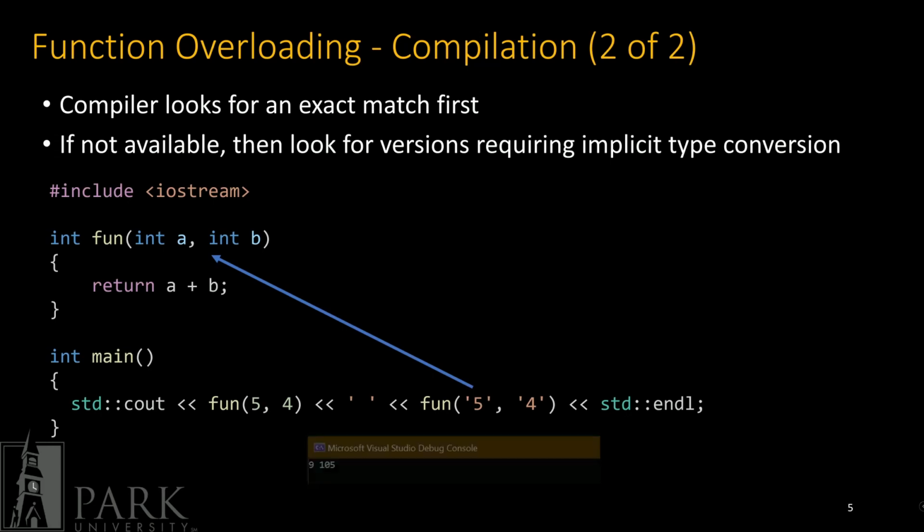Okay, so the result you'll see here is not what you expect. Here, when we run it, we can see that the result is 105. The first one printed out 9, the second call printed out 105, which is the addition of their ASCII values, which would be 53 and 52 respectively.